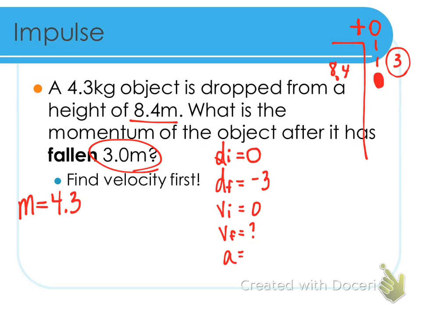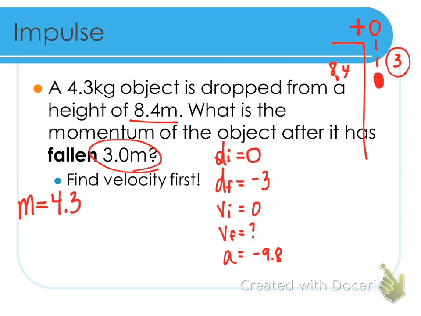Gravity, right, good. -9.8. Okay, so if we think back to our kinematics, which I know was a long time ago, we need to pick a kinematics equation to help us solve for that. Okay, we don't have time, which eliminates 2 equations for us. Okay, so which one should we probably use? The third. Okay, are we on the same page so far, or am I moving too fast?